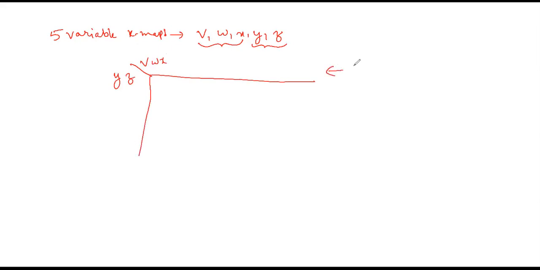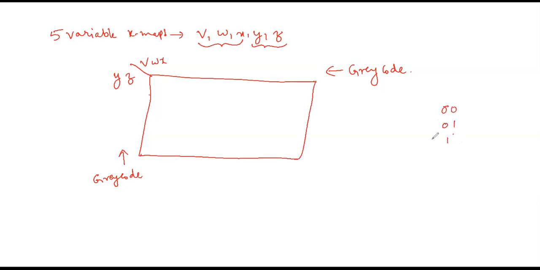So you have to write 3-bit gray code here. Here Y, Z are only two variables, so you have to write 2-bit gray code here. One side you have to write 3-bit code. What is the 3-bit gray code? 00, 01, 11, 10.